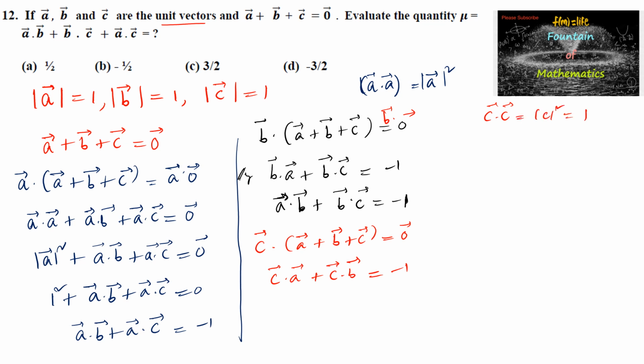Or this can also be written A dot C plus B dot C is equal to negative 1.